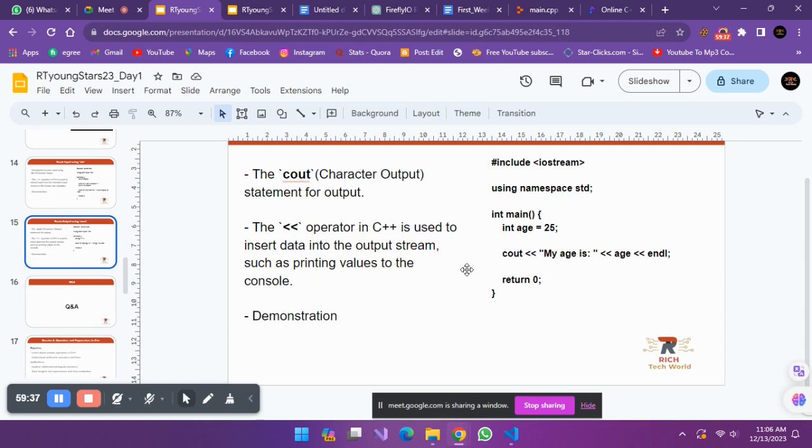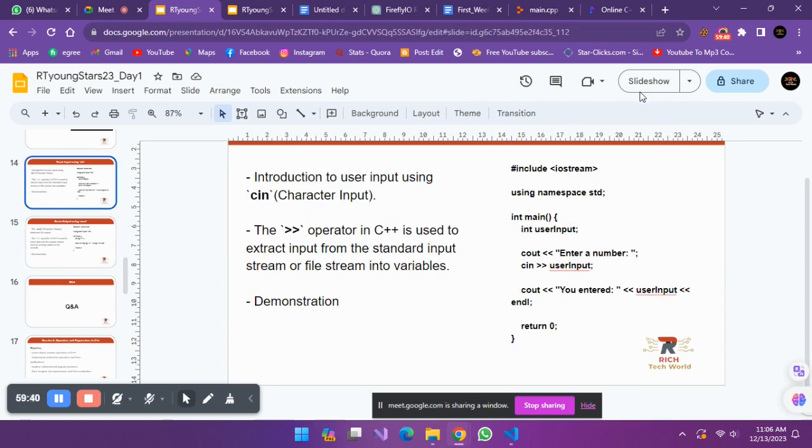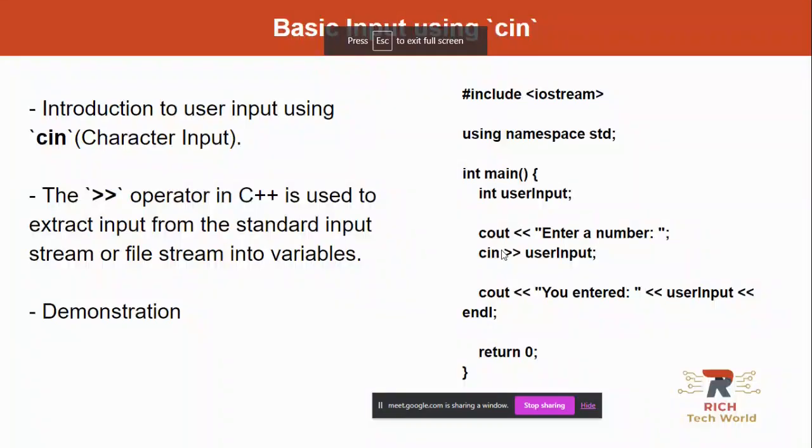Yes. So the cout and the cin, that is what you were talking about, isn't it? Okay. So all the operators have their meaning. The two double greater than signs, please hold on for me. All right. So the two greater than signs you see there, they are the operators used to extract input from the standard input stream, right?